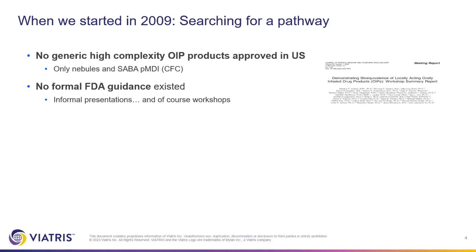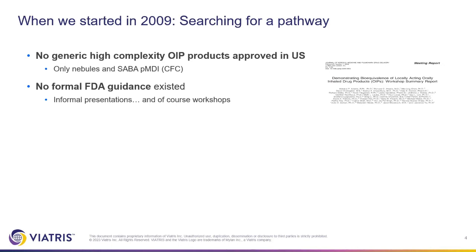So we didn't really have any precedents with which to start out on our pathway. And at the time, there were no product-specific guidances, and there was no formal FDA guidance about these products and how you would get them there.